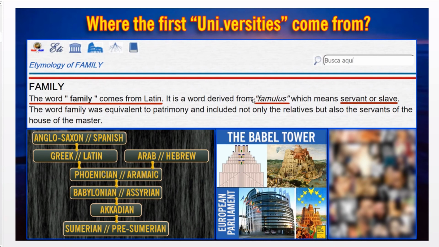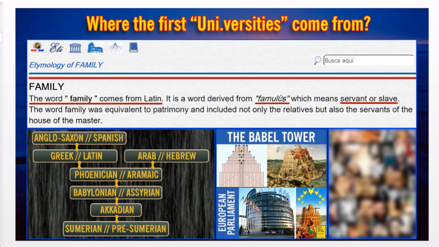In fact, the word famulus, which here in Argentina, when people come from the Hollywood scenario, we call them famoso. Famoso, famulus, it means slave of the elite. So you have the family, which represents the group of slaves, and then you have the famulus, which represents the slave of the elite.